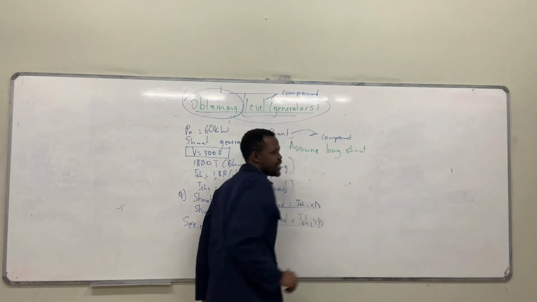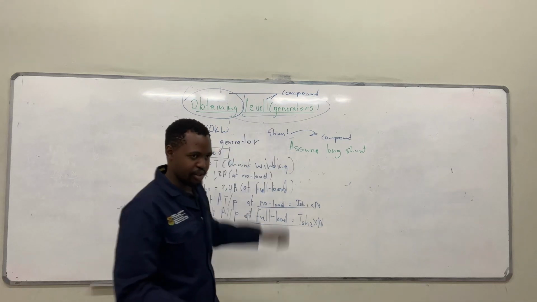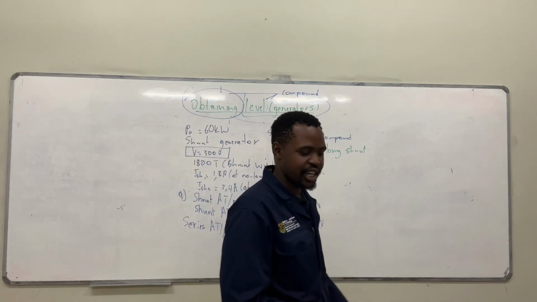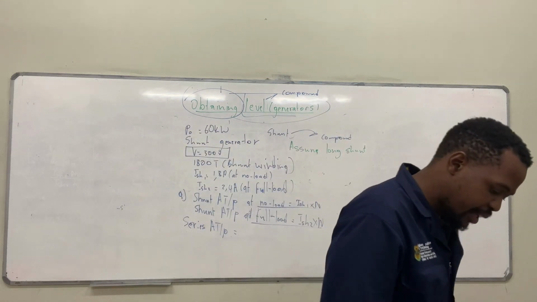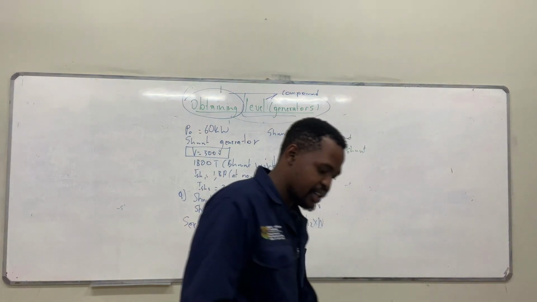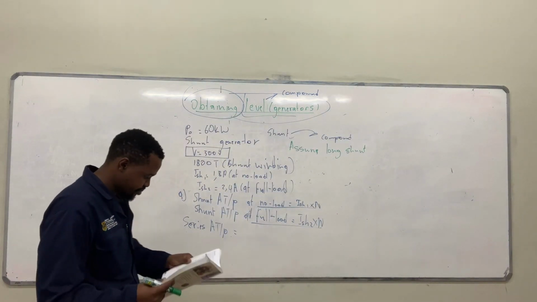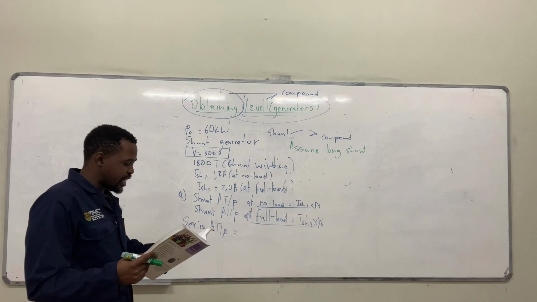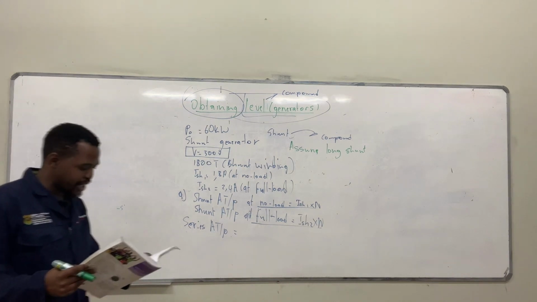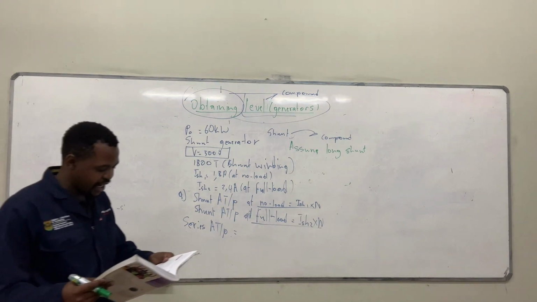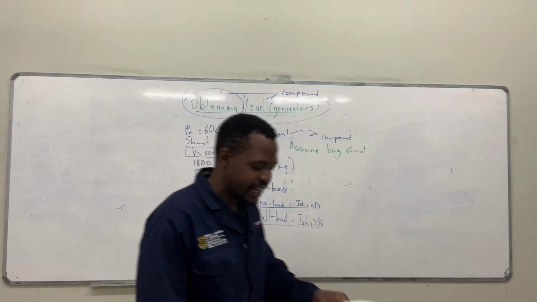Long shunt is easier than a short shunt. So we assume long shunt. Okay, we calculated the series ampere turns. Now we need to find the next quantity.